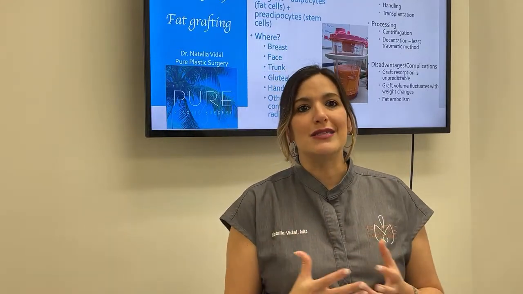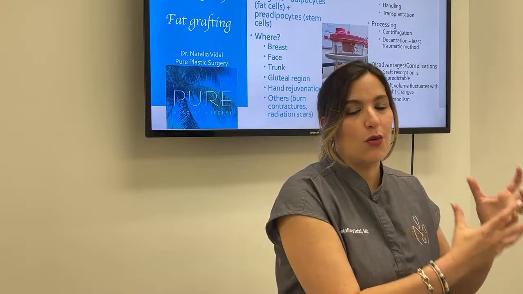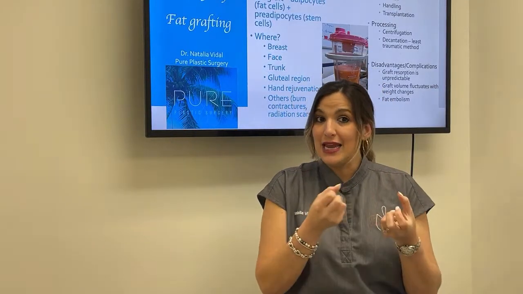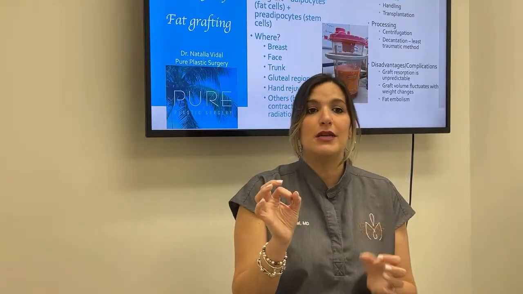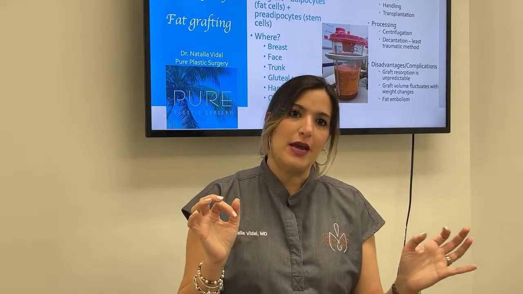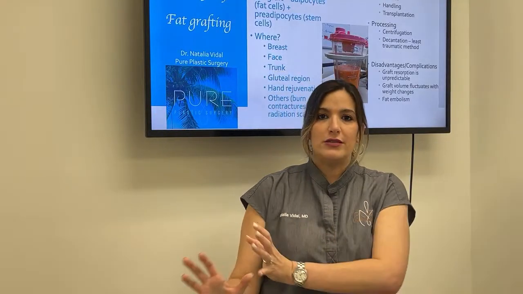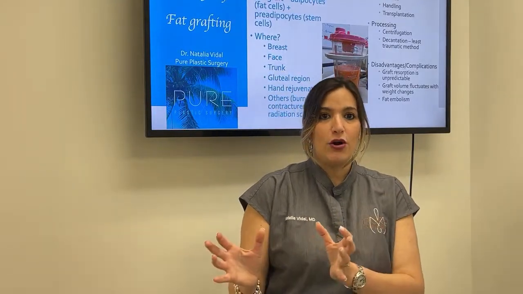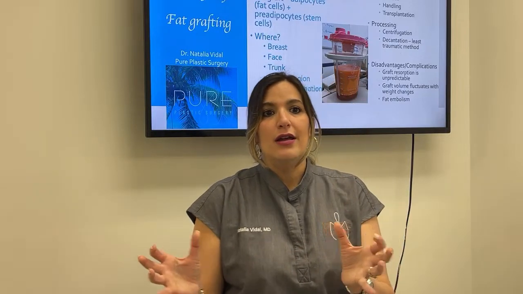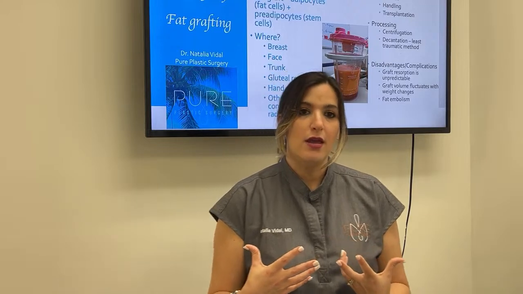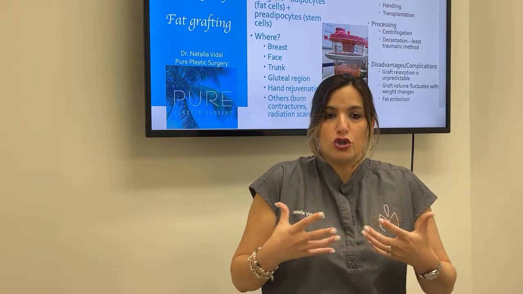It relies on these stem cells because, like I said, when we're moving the fat and taking it out, I take not only the fat cells, adipocytes, but the pre-adipocytes that are stem cells with it, okay? So when we move this to the new area, at first, that new area basically diffuses the nutrients for those new cells to start to grow.